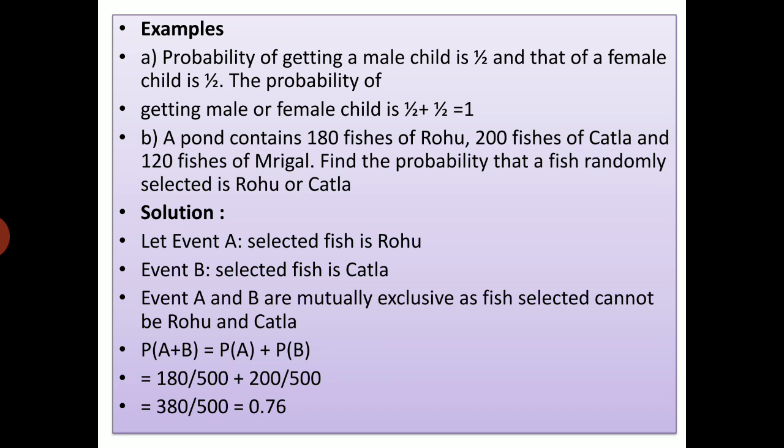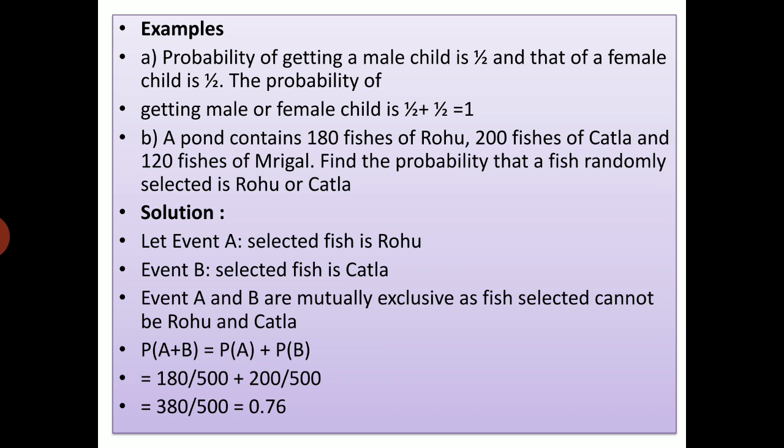Okay. So P(A plus B) is equal to P(A) plus P(B). So chances of getting rohu is how much? 180 out of 500. So 180 divided by 500 plus 200 divided by 500, which is the number of katla fishes we get. Probability of 200 fishes of katla in a catch, so 200 out of 500.